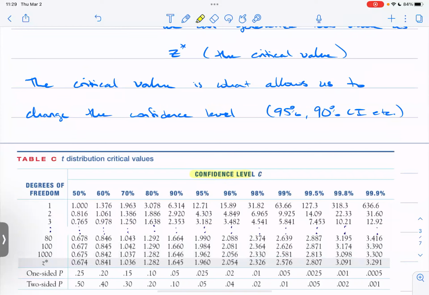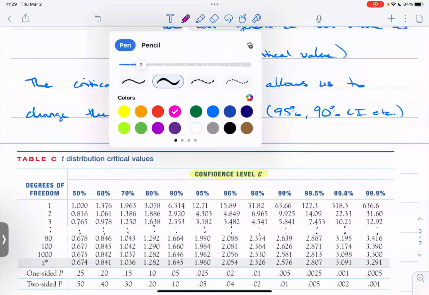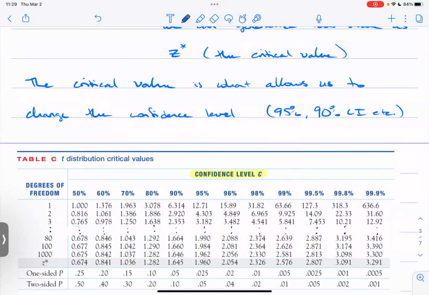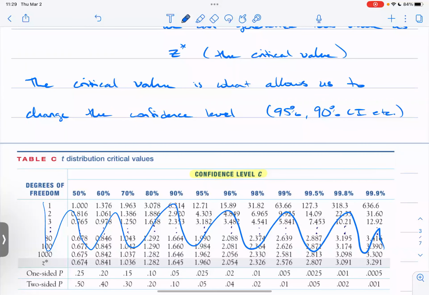So here you have your confidence level. We are still going to just ignore everything in between here, but we are going to look at these guys and the Z stars.